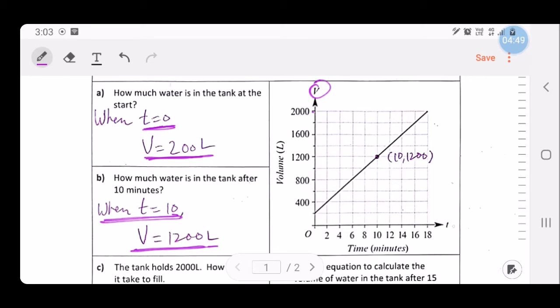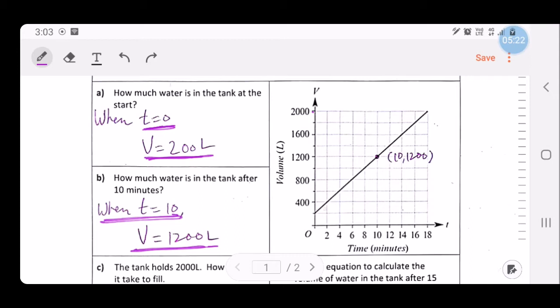And we don't have an x-axis, we have a t-axis. But just to keep the equations straightforward so we don't get confused, I am going to use y and x. And then once I find my equation in terms of y and x, I'll change the y into a V and I'll change the x into a t. This way we avoid having to use the gradient equation, gradient equals V2 minus V1 over t2 minus t1, which is just confusing. We're going to stick with y's and x's.